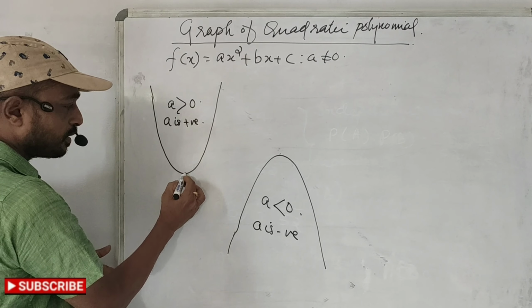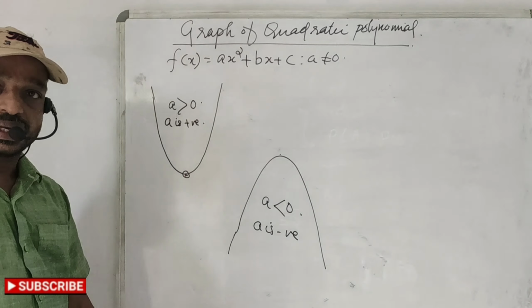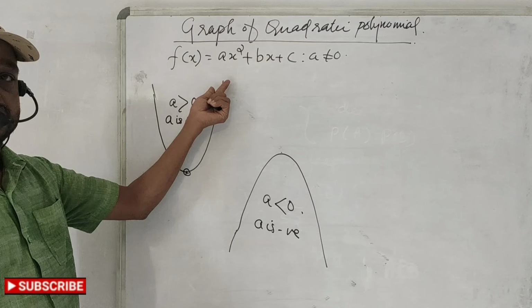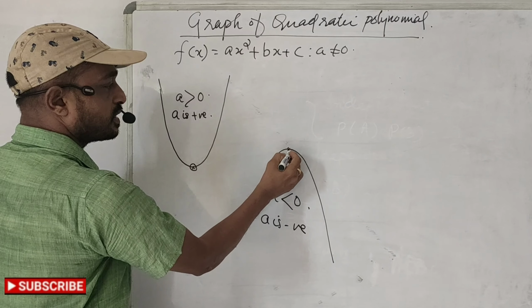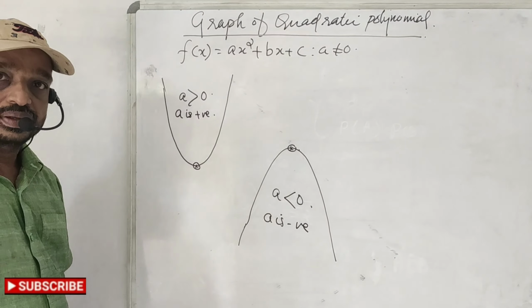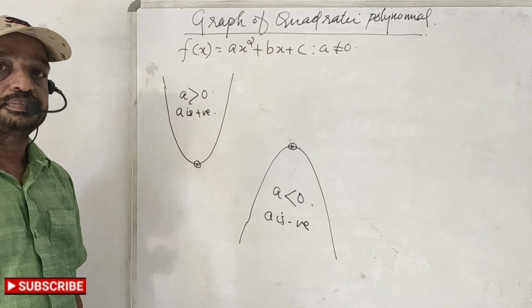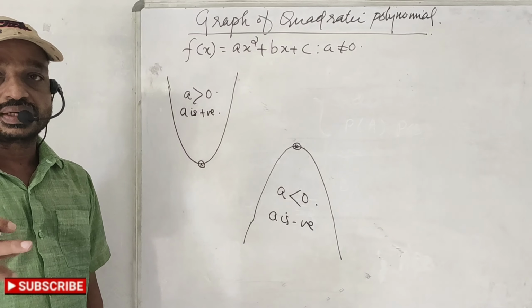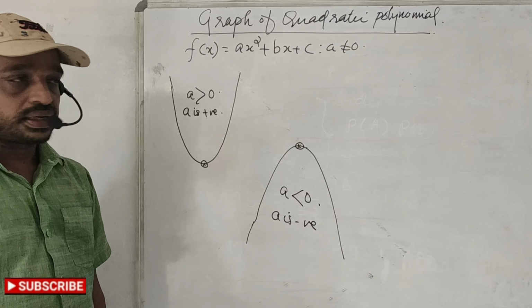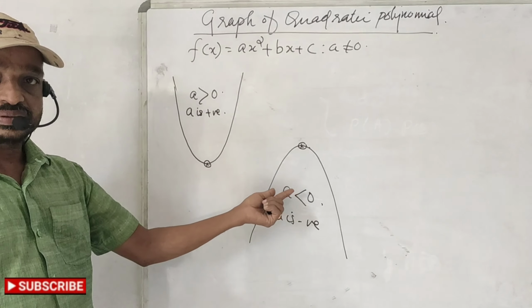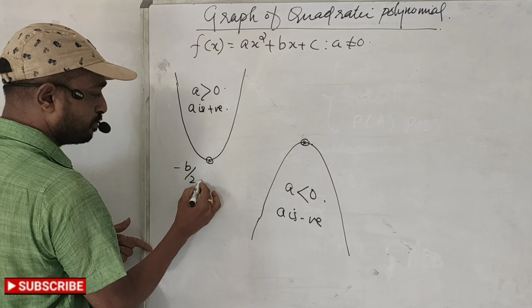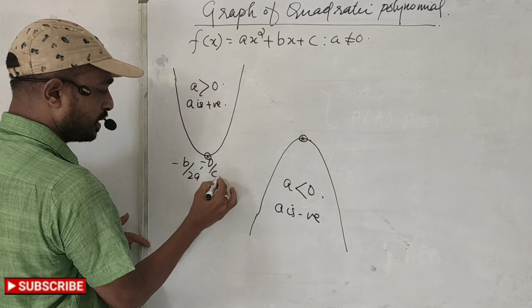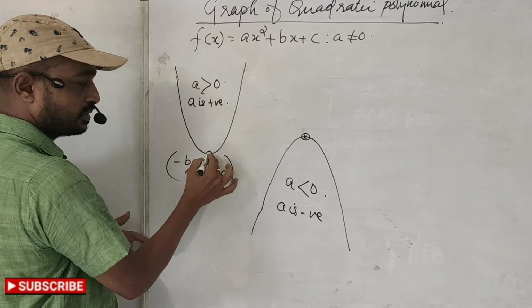See, this turning point is called the vertex of the parabola. This is the parabola open upwards, and this turning point is called the vertex of the parabola. In this case, this is the vertex. In the chapter quadratic equation, you will study in detail about these graphs. There you will study that this vertex is (-b/2a, -D/4a).